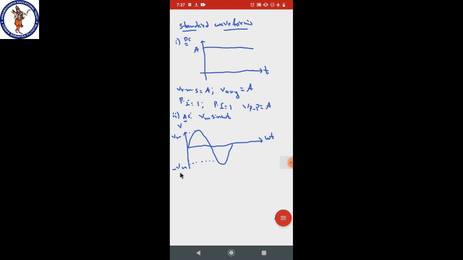This is the maximum value of the positive side. This is the maximum value of the negative side. The time periods will be 0, pi, 2 pi.